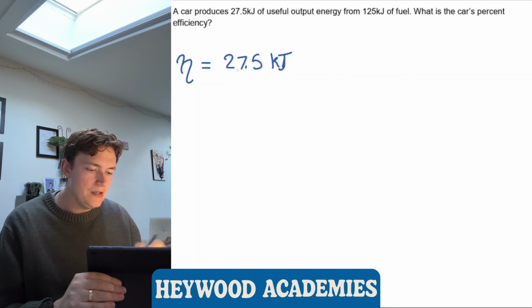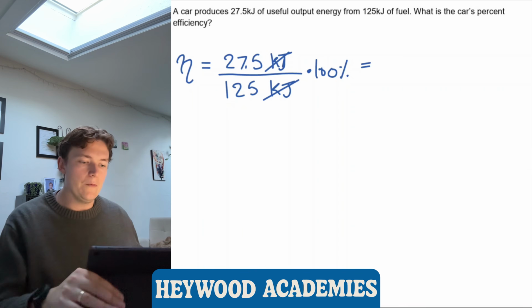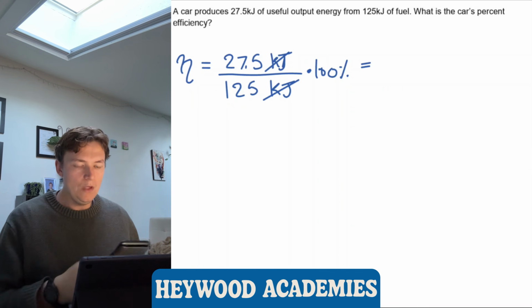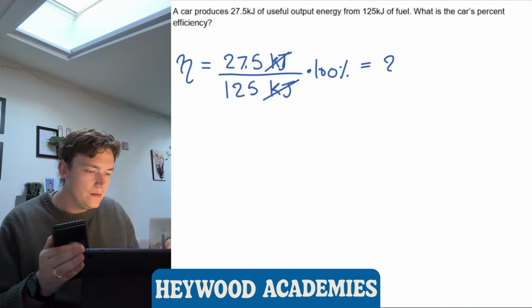So we have the option to convert this over to joules, but it's going to be a little bit faster if we just don't do that because they're both in kilojoules. As long as we're in the same units, both of those units will cancel out. So kilojoules over kilojoules is just no units, so that works out okay. Now let's plug this in. 27.5 over 125 times 100 is 22%.